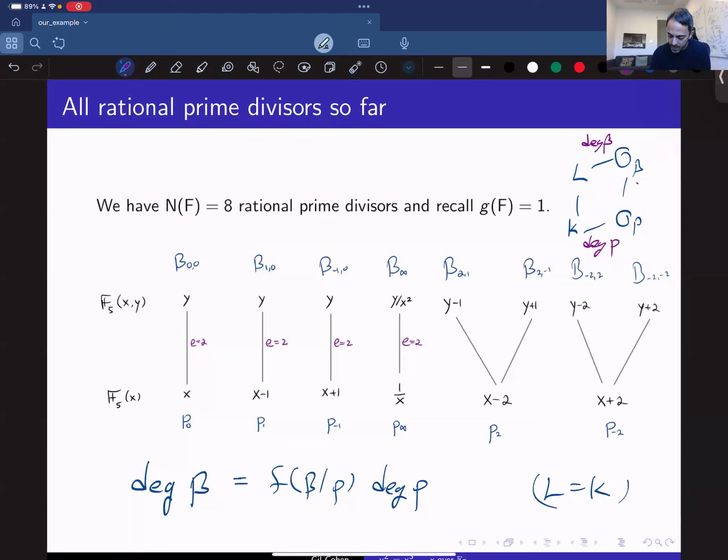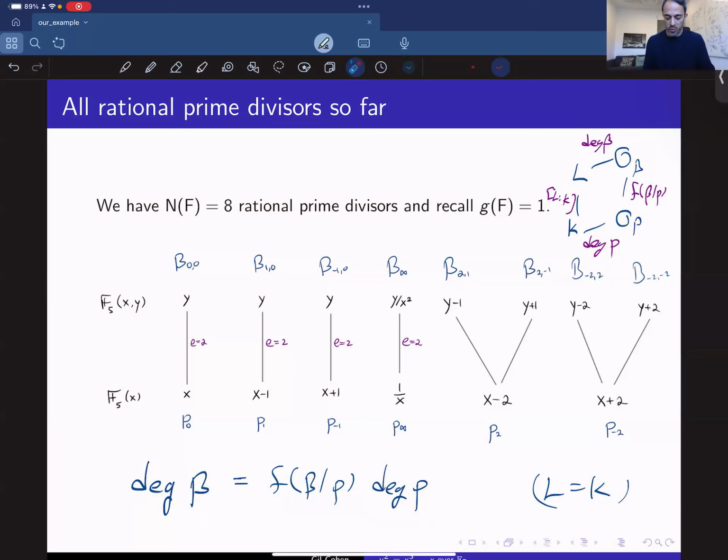And this line here is f of capital P over small p, and this is just L over K. So generally speaking, the degree of capital P times L over K is the degree of small p times the residual index. But in our case, since L is K, the constant field remains the same, you get that the degree of the larger prime divisor is the residual degree times the degree of the smaller prime divisor.